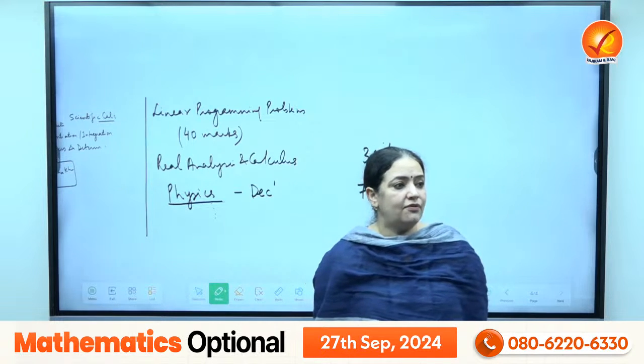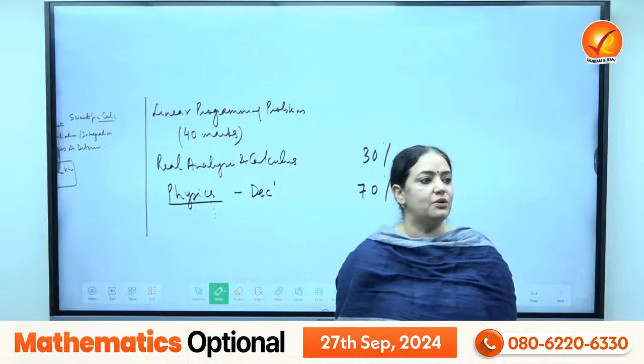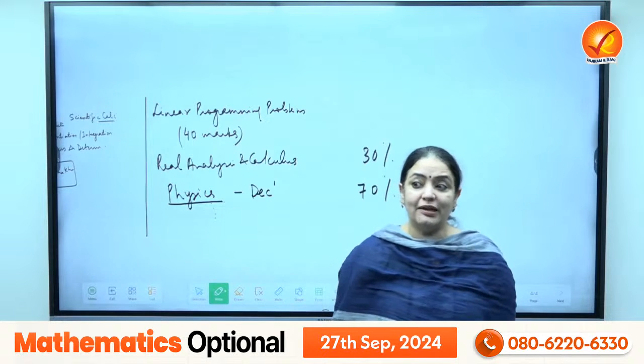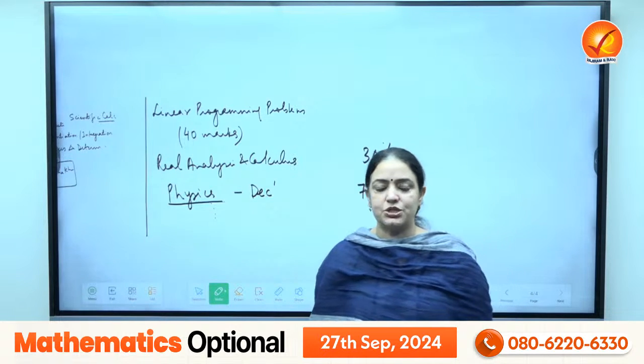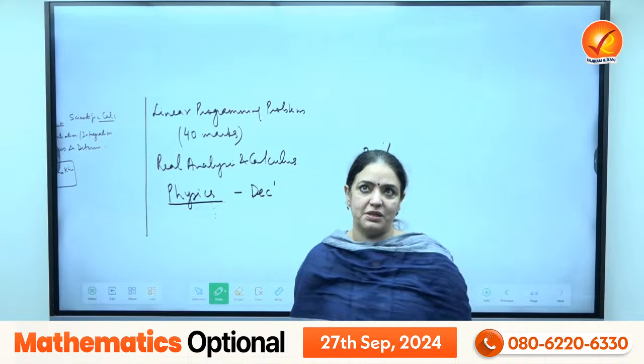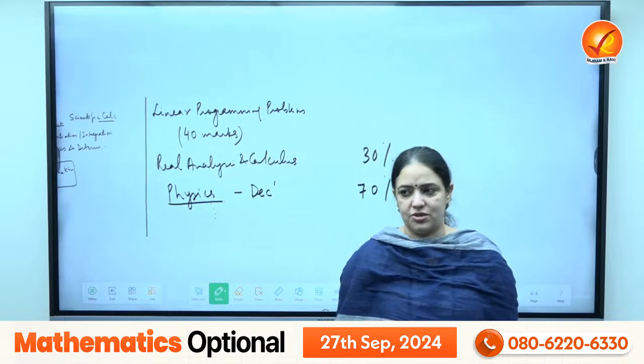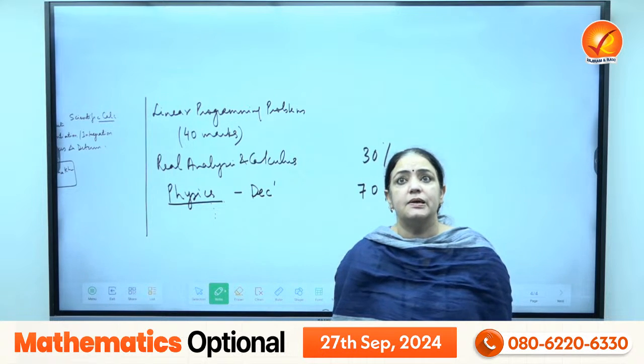So we have theorems also reflected in the exam, but a lot of numerical questions. Students call them theoretical questions and numerical questions. I'll show you in my classes how they're not different from each other, how your approach has to remain the same. So not only theorems are asked, they ask theorems as well as questions.